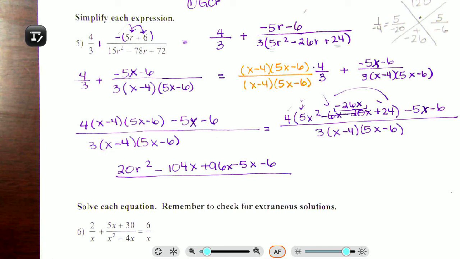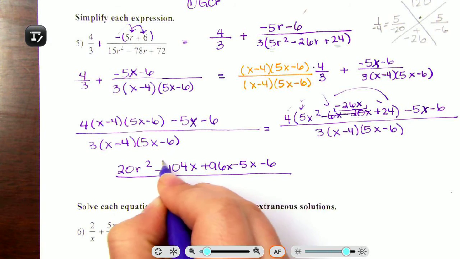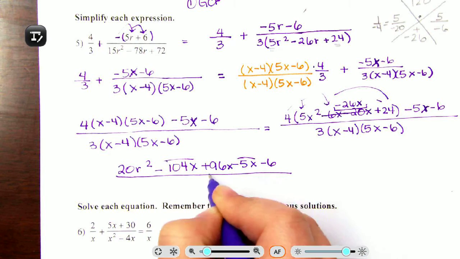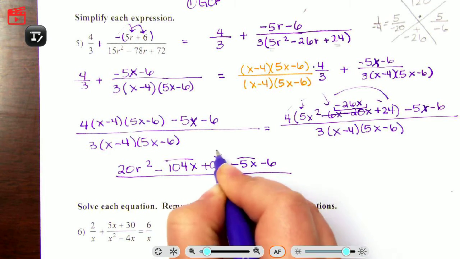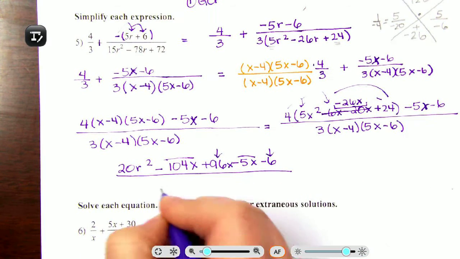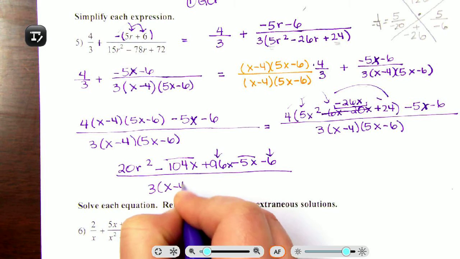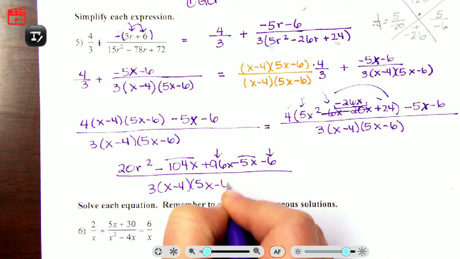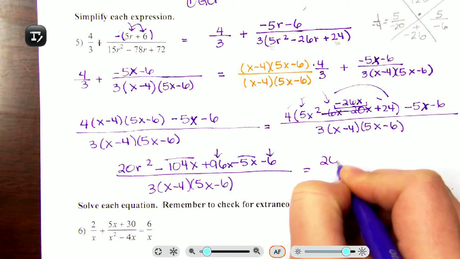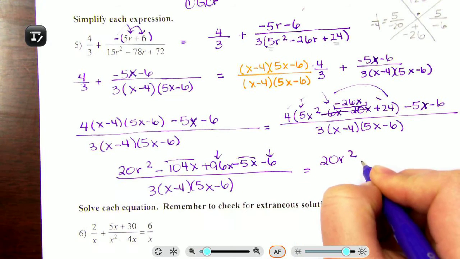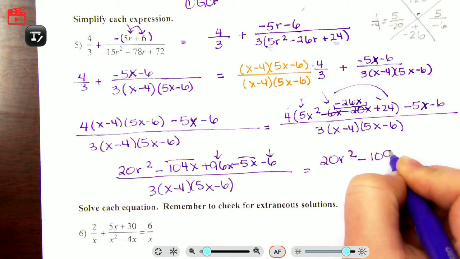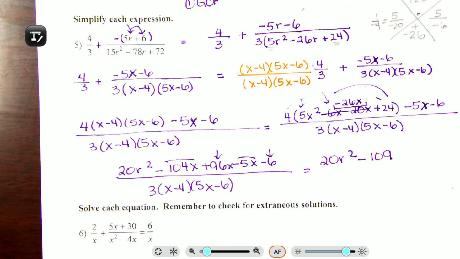All right, so let's go ahead and continue. So we have 104 here, and we have minus 5 here, and then we need to combine these two together. Again, the denominator stays the same, don't do anything to it. So then I have 20x squared minus 109, again, with my r's and x's, I apologize.